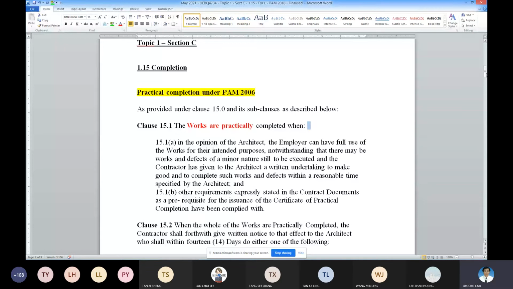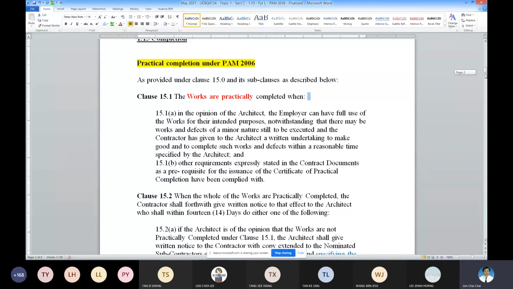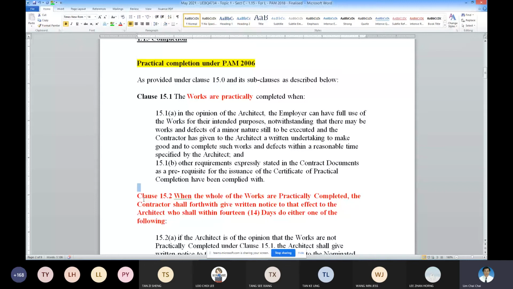Clause 15.2. See, the contractor must give written notice within 14 days of this happening. So this is the first step. If it's completion, this is the first step. Clause 15.2 is the first step for the contractor to take action.